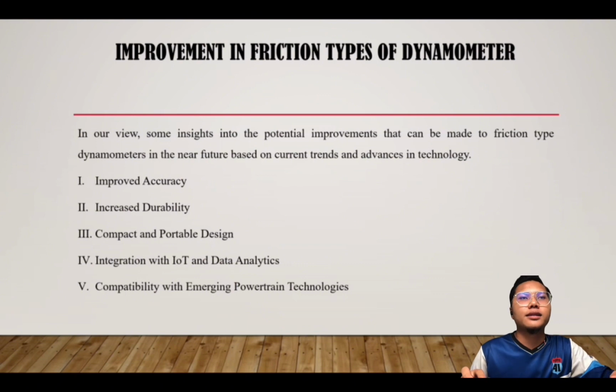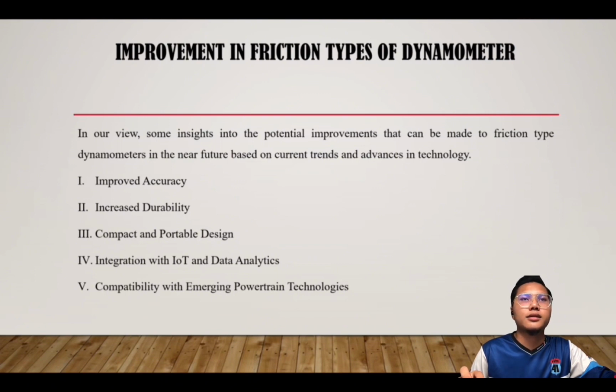The fourth one is integration with IoT and data analytics. This integration can provide valuable insight into performance, efficiency, and predictive maintenance, enabling better process and system optimization.